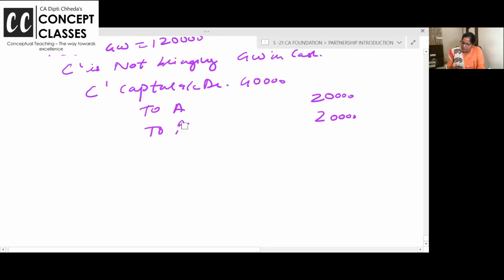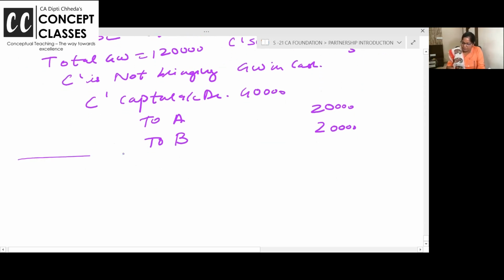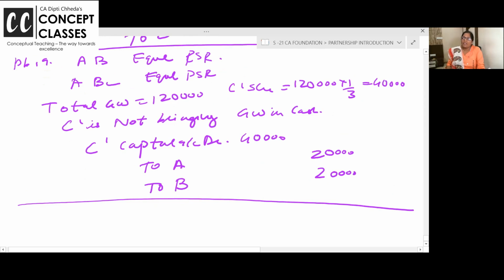C's capital account debit to A to B. हो गया, done. Is it easy or not? If you bring, then cash account debit to old partners, sacrificing ratio. If you don't bring, then your capital account debit to sacrificing. Last 2 hours, I'm teaching the same thing.